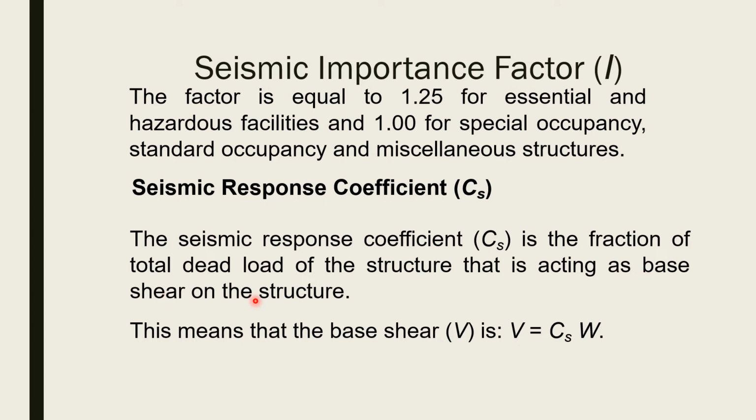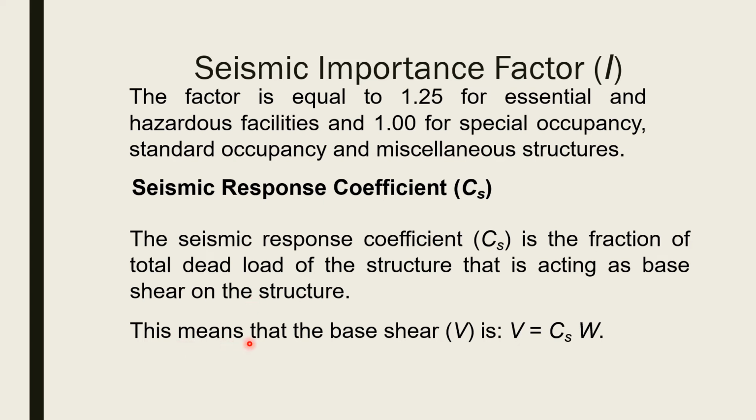We calculate the total weight of the building. When we go for the example, we will also see the seismic response coefficient in detail. So the seismic response coefficient is the fraction of the total weight of the building which is acting as a base shear on the structure.